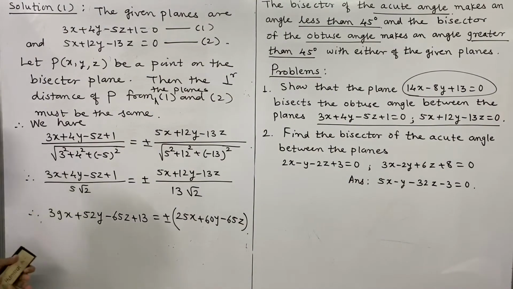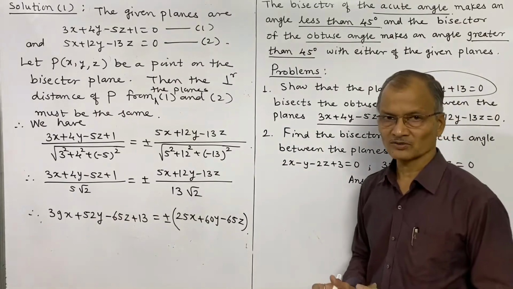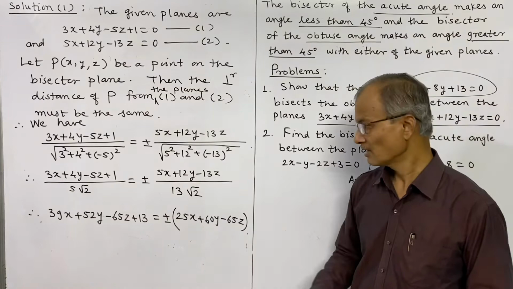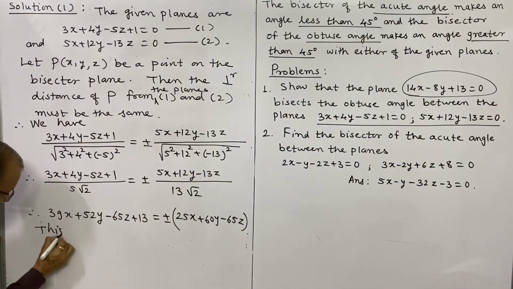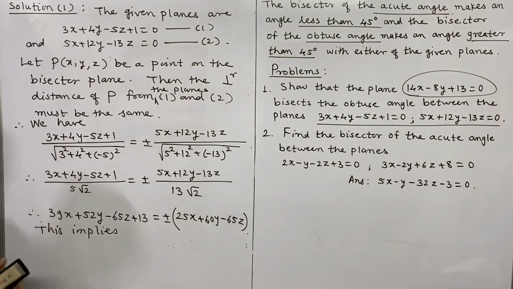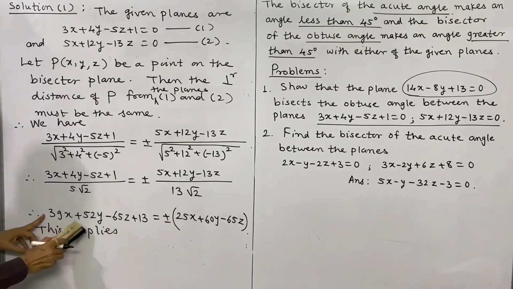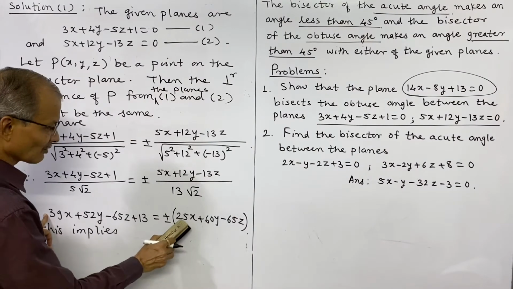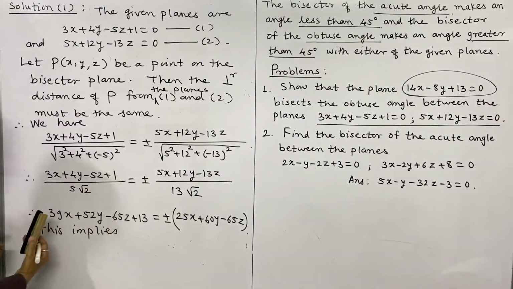And now we will have to separate the equations, two equations, one corresponding to plus and the other corresponding to minus. So this implies two separate equations. If I take, you may consider the plus sign first, then 39x + 52y − 65z + 13 is equal to the positive of this, and then I shall take all the terms on the left side.